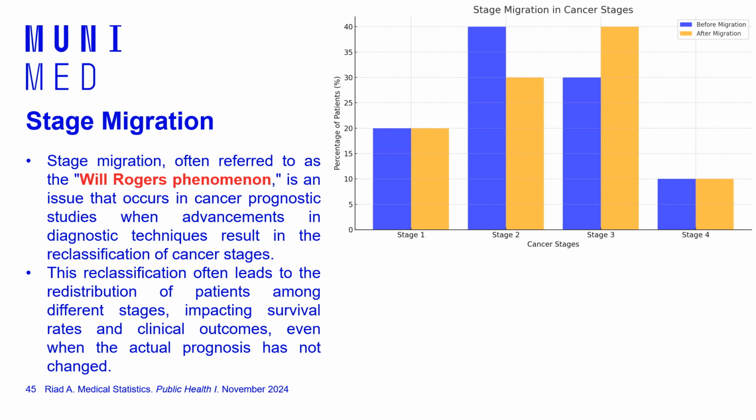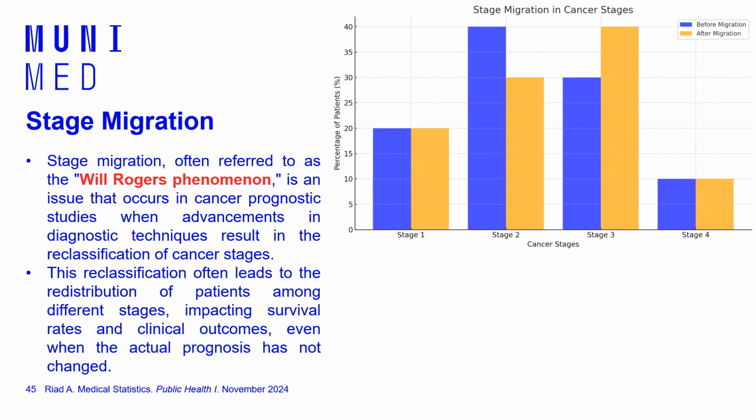After the new method, or before the new method, there was no difference. The same patients were diagnosed in stage 1 and stage 4. However, in stage 2 and stage 3, the differences can be seen because in stage 2, before migration, we have more cases. However, like this 10% of the cases moved from stage 2 to become stage 3 after we use a new diagnostic method.